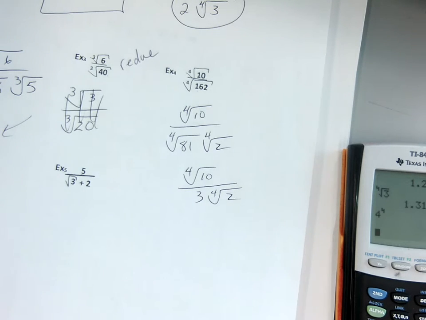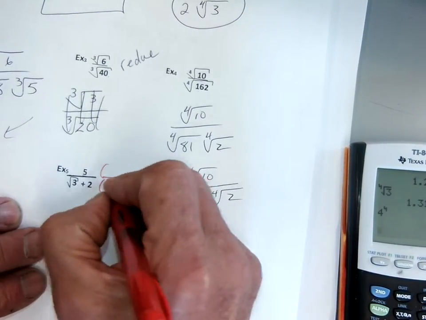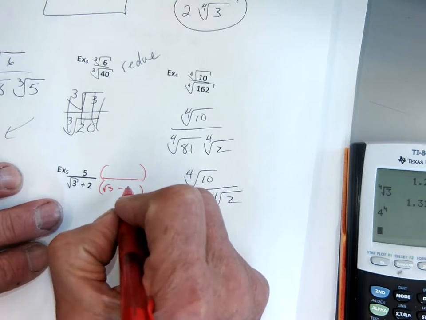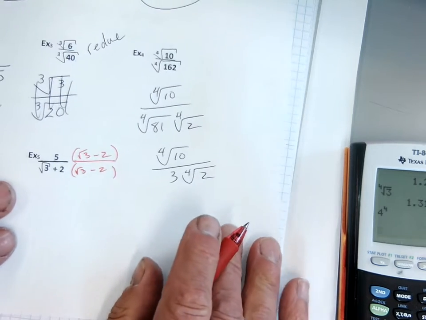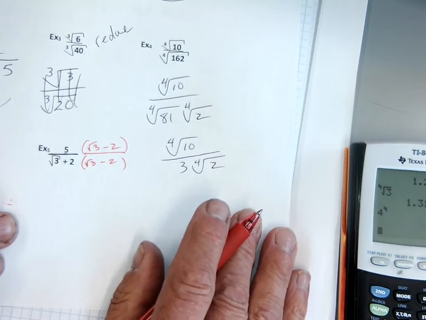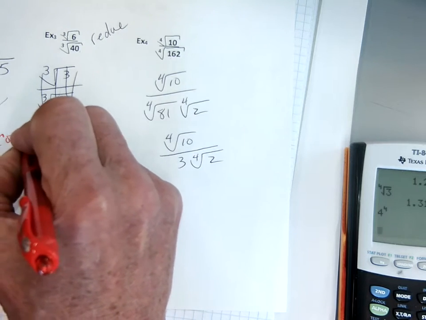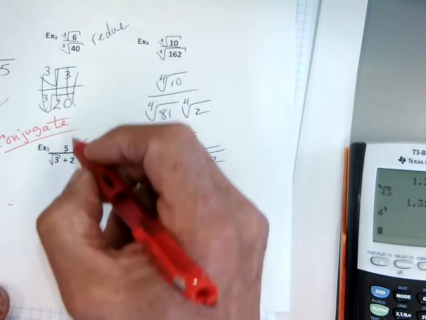So I multiply by a thing called the conjugate, which is this. I'm going to multiply by the square root of 3 minus 2, top and bottom. It's called the conjugate. It's the opposite. And I'm going to multiply.